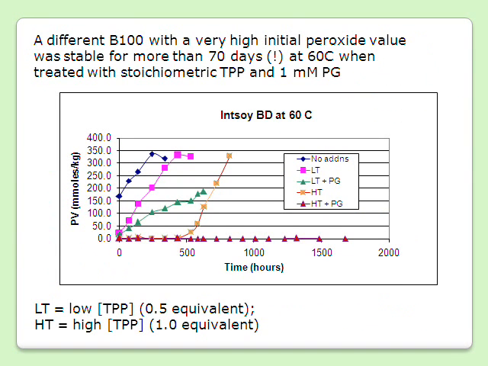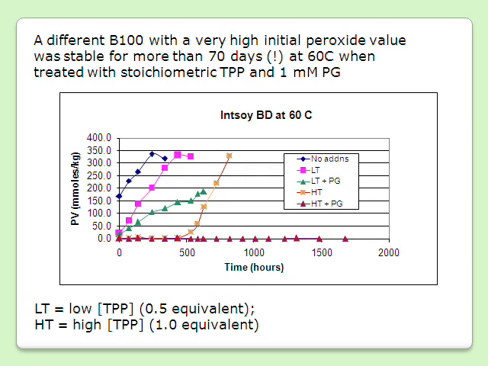A different biodiesel provided by the U of I Insoil program had a very high initial peroxide value, and by itself it went from maybe 175 to 350 in a short period of time. Adding low concentrations of triphenylphosphine, the pink squares on the graph, didn't really help much.